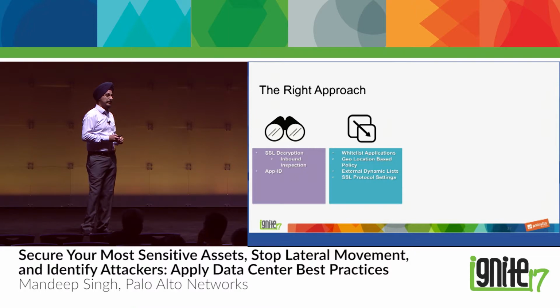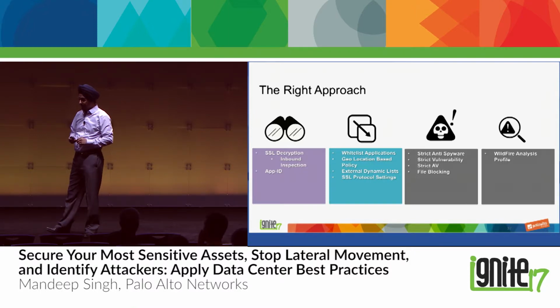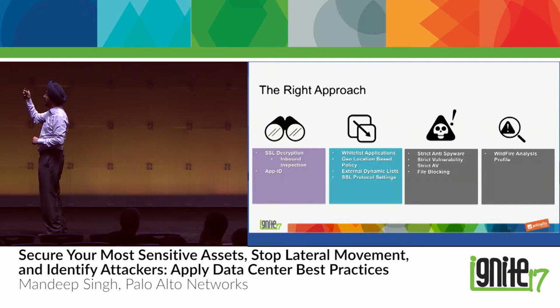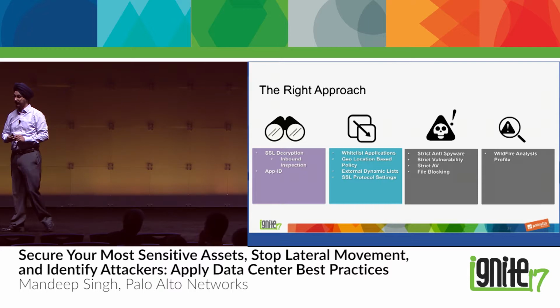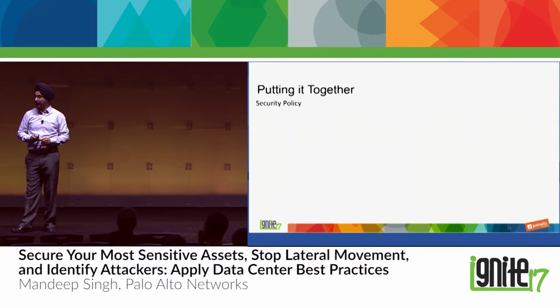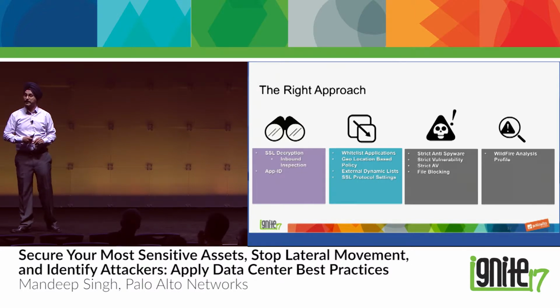You also implement the protocol settings tab that we looked at the very beginning for SSL decryption, right? And of course, we use these profiles. You use strict anti-spyware, strict vulnerability, strict AV, file blocking, and the WildFire analysis profile.